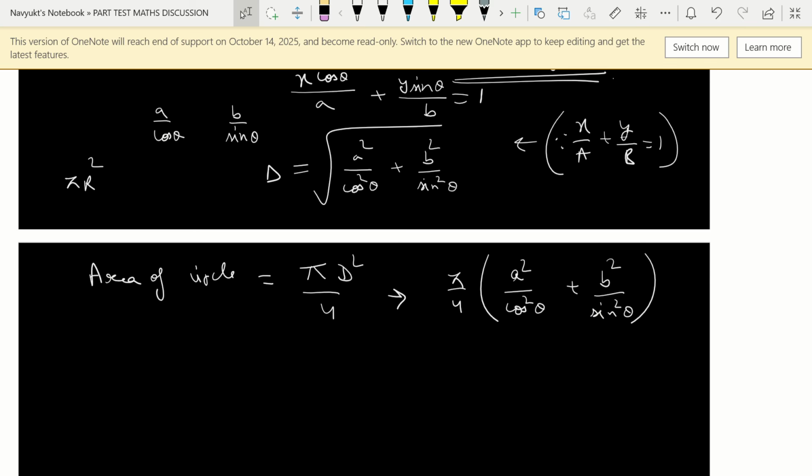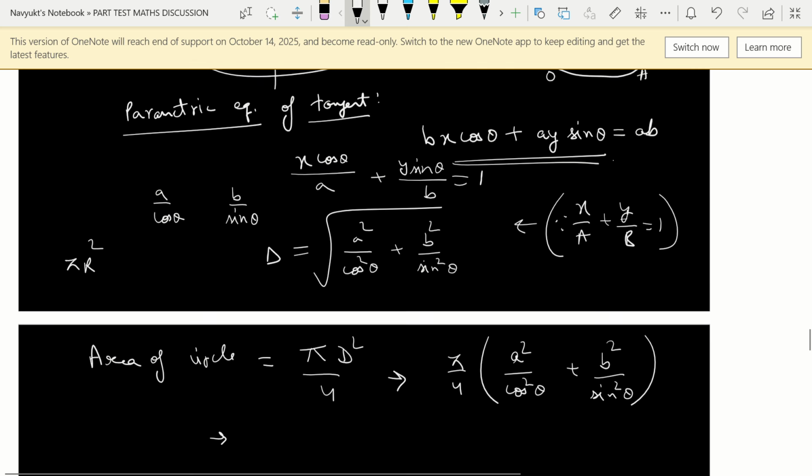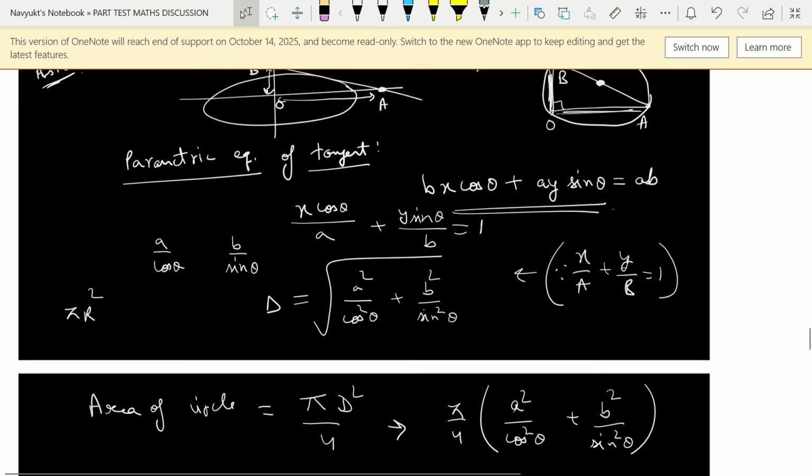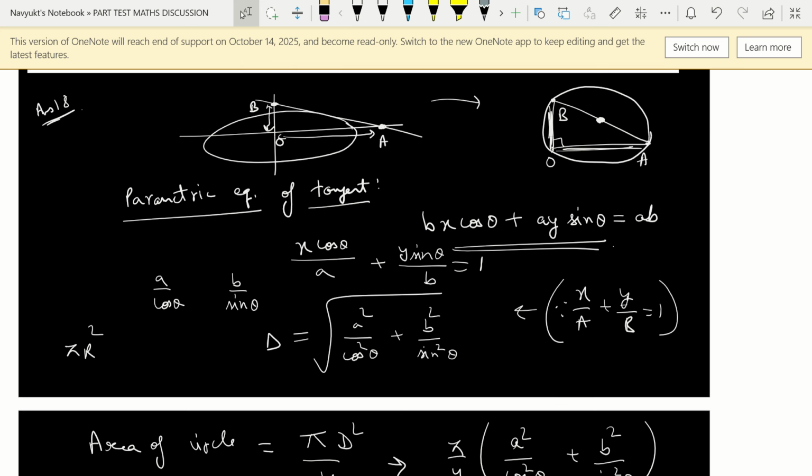So what we will be doing, this would be the length, correct, and this would be the diameter.